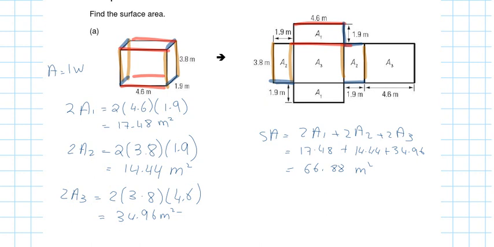So this is basically what we have here, okay? Now again, when it comes to a rectangular prism or something like this, we can use our formula sheets to find the surface area. So it's not going to be this complicated. But when it comes to composite figures, you're going to have to do it this way. Okay?